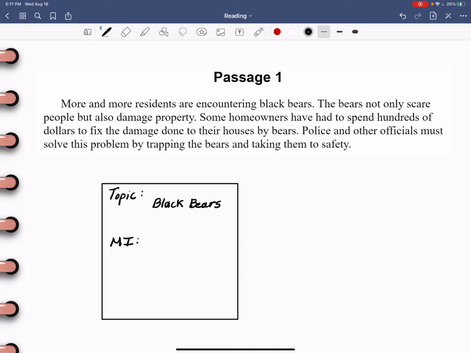What about black bears? Black bears what? Is this talking about what they eat? Is it talking about how many babies they have a year? Is it talking about where they live? It's talking about the fact, or I will say the assertion here, that black bears are a problem.